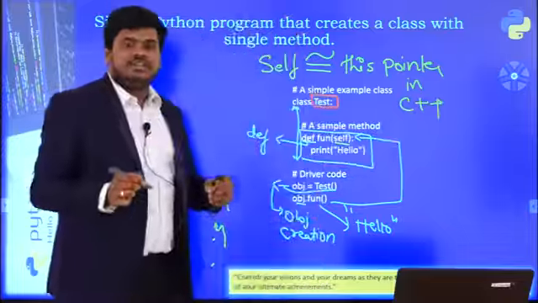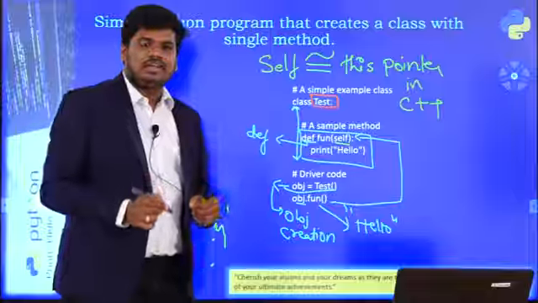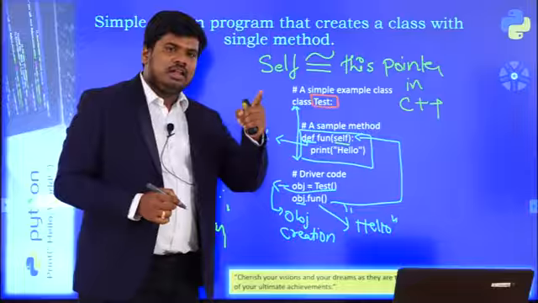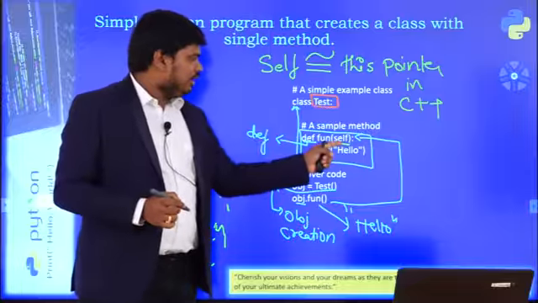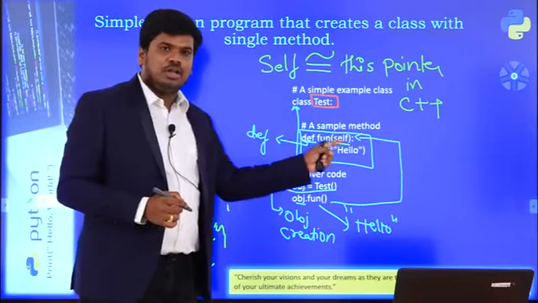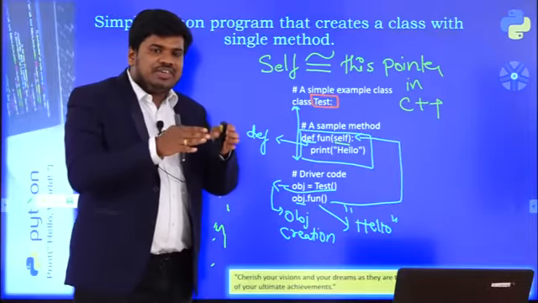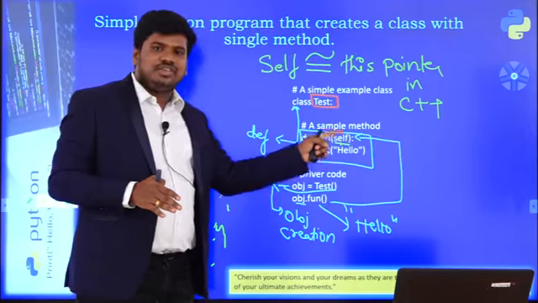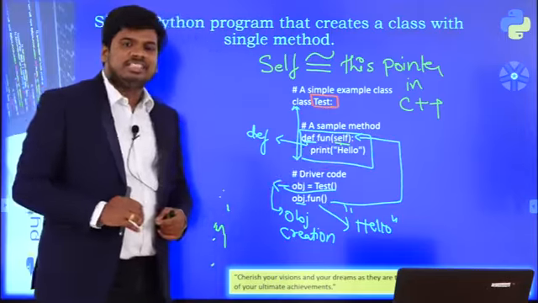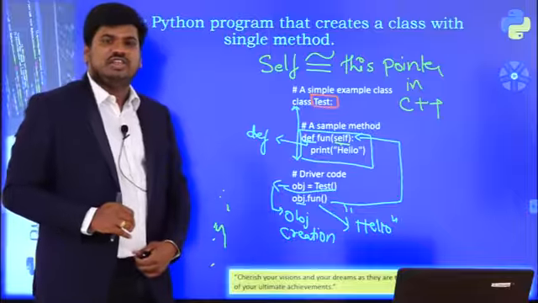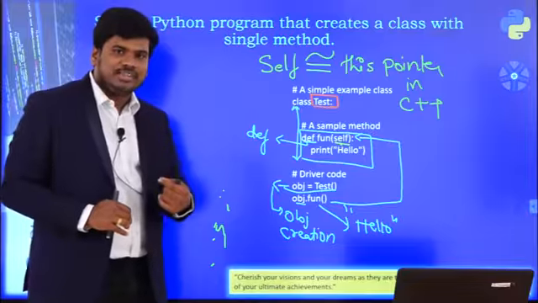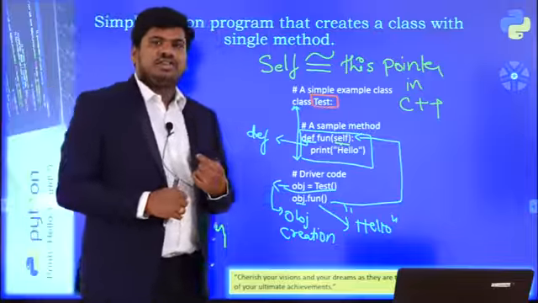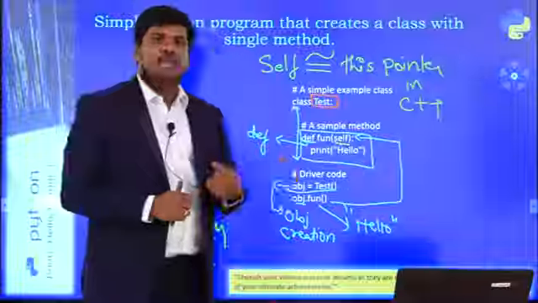If you are familiar with C++, whenever the local variable and the variables inside my function definition are similar, in order to differentiate them, I will go with the this keyword. That is one main usage of the this pointer in C++, or to refer to my local address.